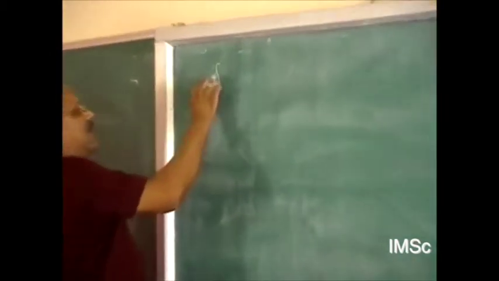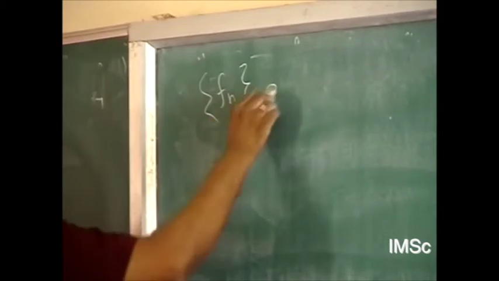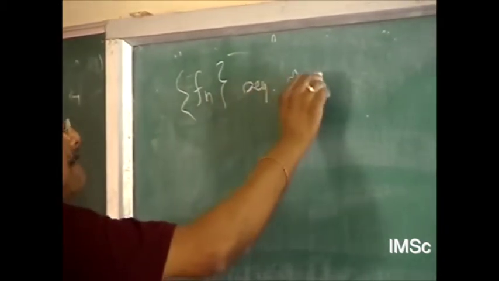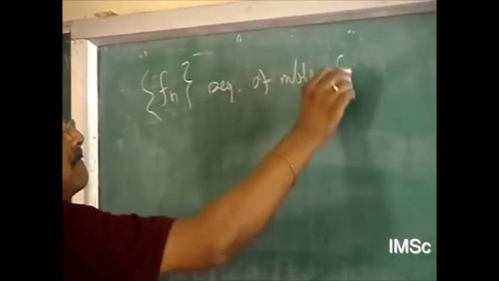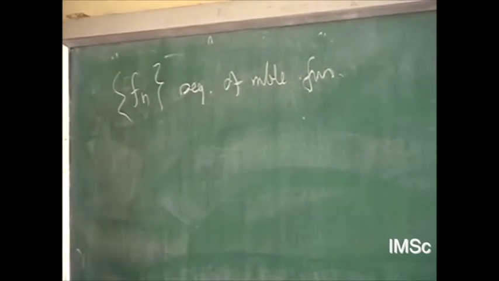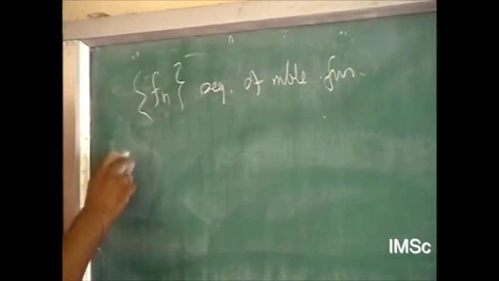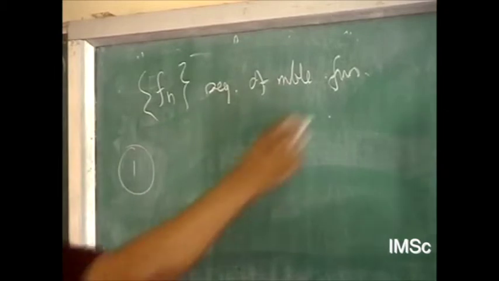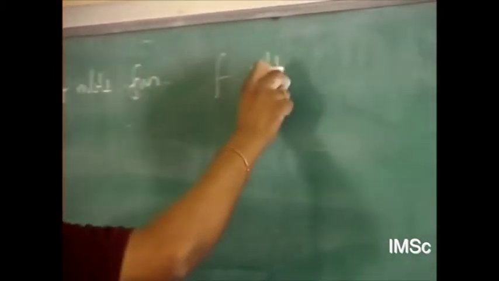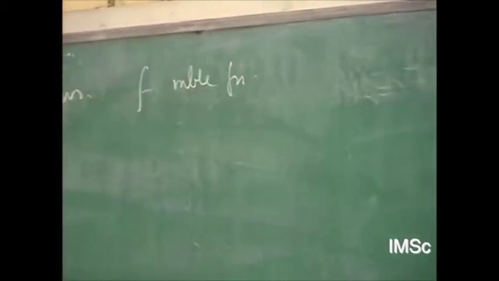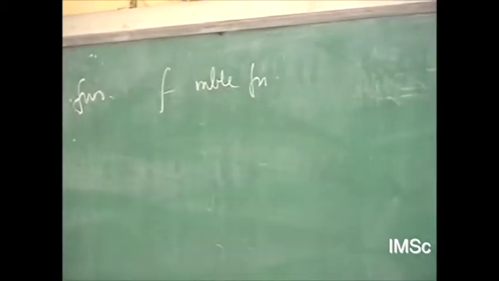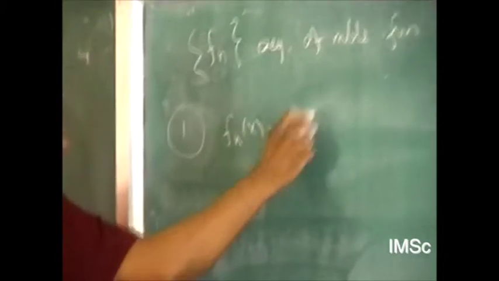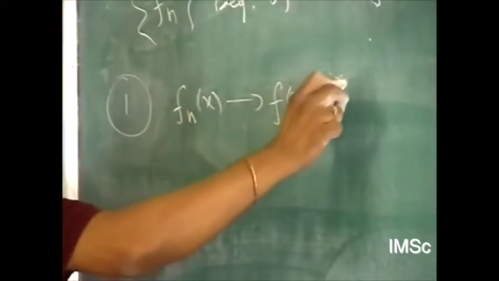So now you have f_n, a sequence of measurable functions. So what are the notions of convergence? So let's say f is also measurable. So f_n(x) converges to f(x) for all x.